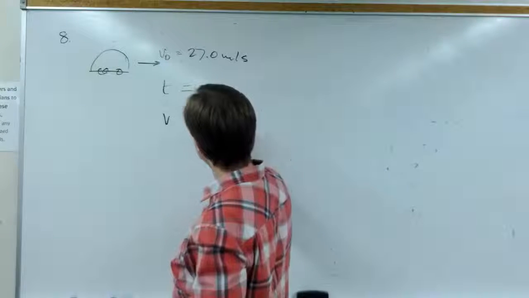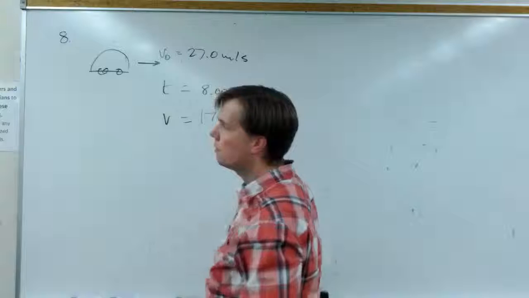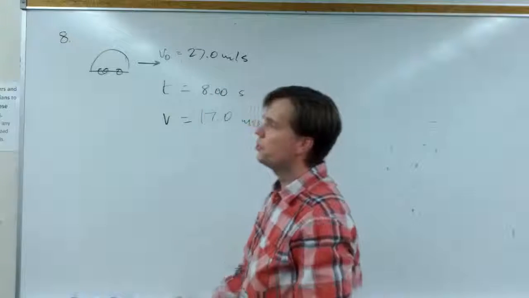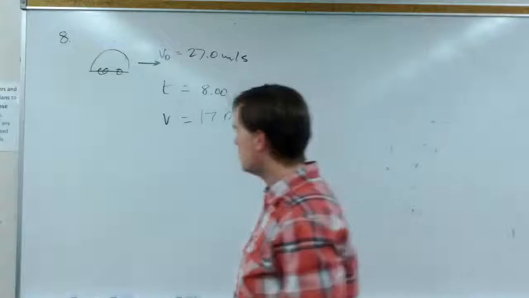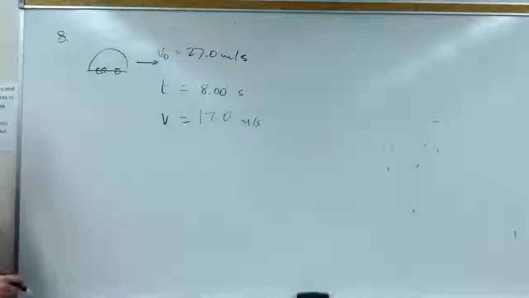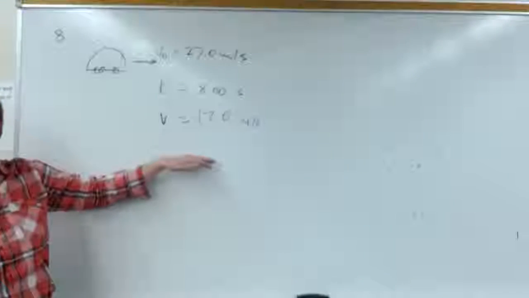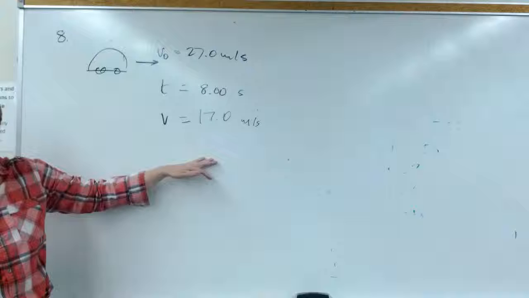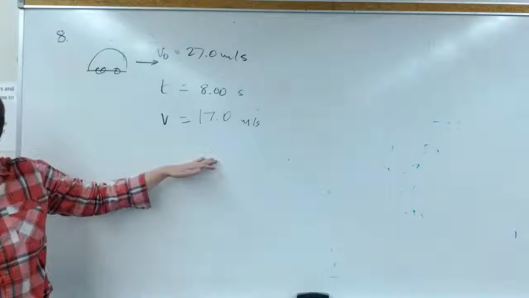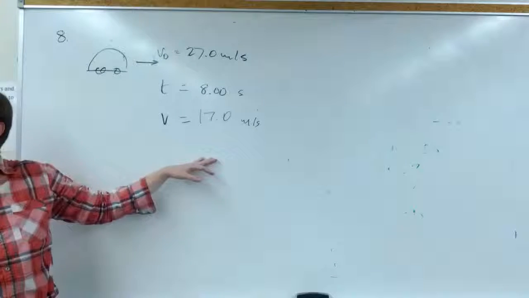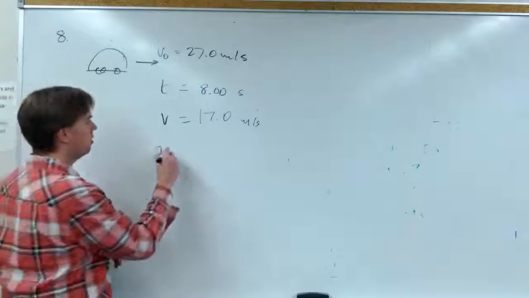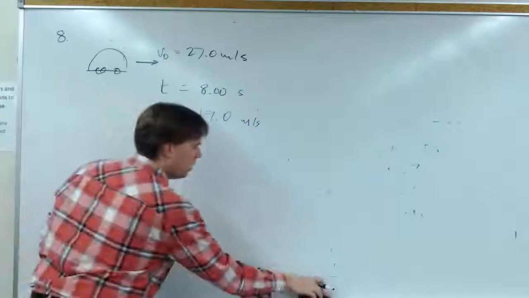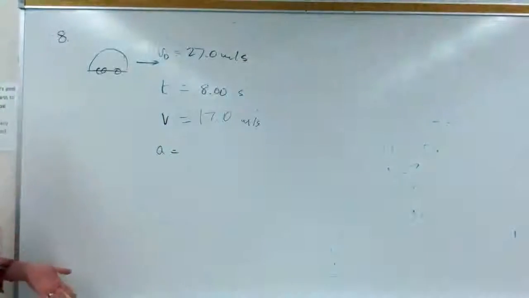Final speed of 17 meters per second. Find the magnitude and direction of the net force that produces the deceleration. Right? So we start at 27, end up at 17. We're slowing down this car somehow, so we're applying the brakes. So we're asked, what's the net force that causes the deceleration?